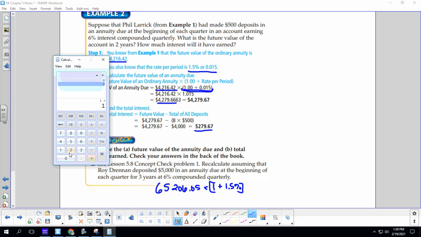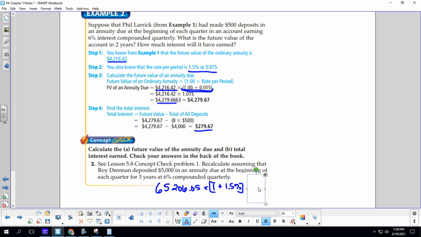Okay, so 1 plus 1.5% equals, and then we times that by $65,206.05. Boom. So we get $66,184, and this rounds to 14 cents.